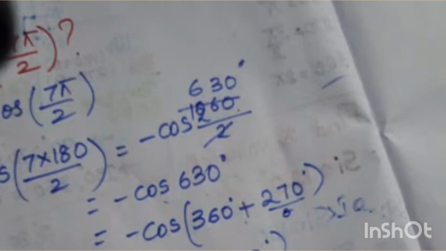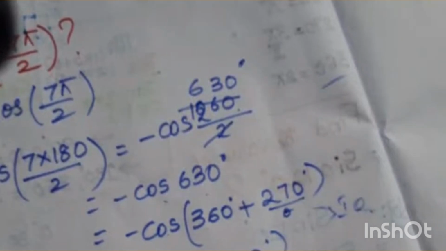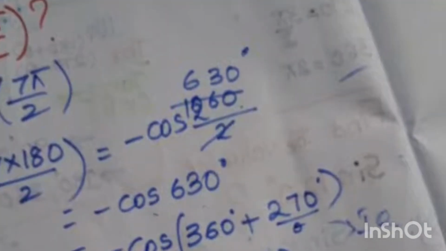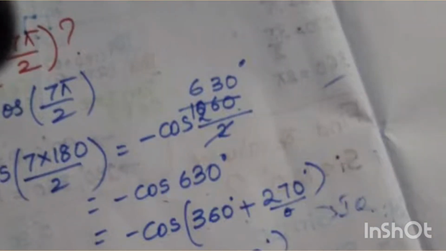Now again we can simplify this 270 as 180 plus 90. This angle comes under the third quadrant, that is T. In T, only tan and cot are positive, others are negative, so cos becomes negative.